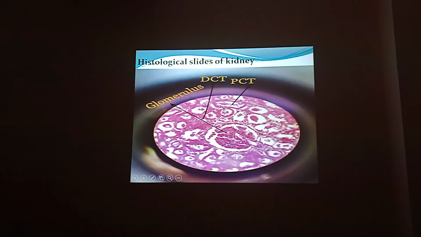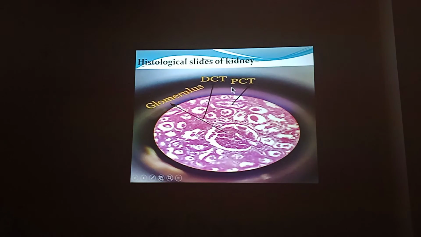Always asked in the exam, why the lumen is narrow in proximal convoluted tubule, why not in distal convoluted? So your answer should be, there is microvilli within the proximal convoluted tubule which obliterate the lumen, whereas it is absent in case of distal convoluted tubule. What are the other differences? Examiner may ask you how will you differentiate?